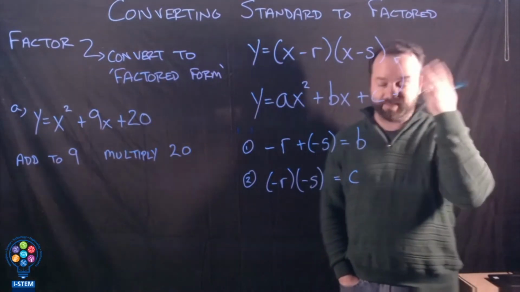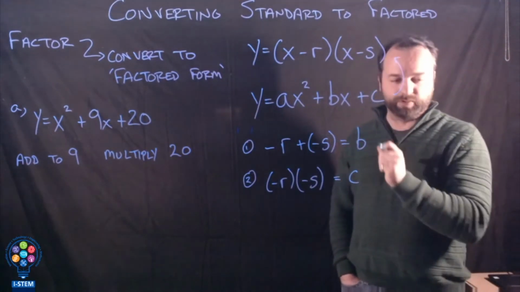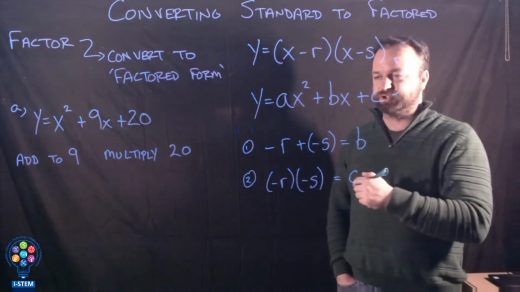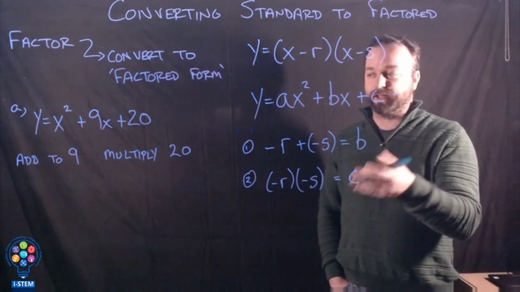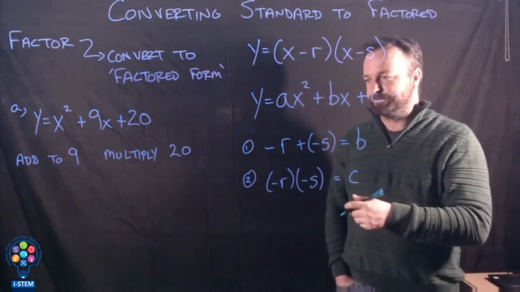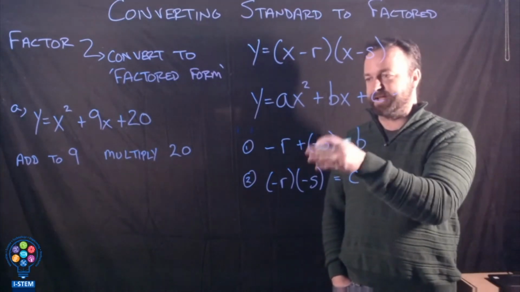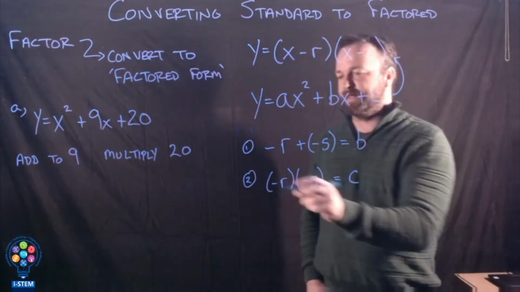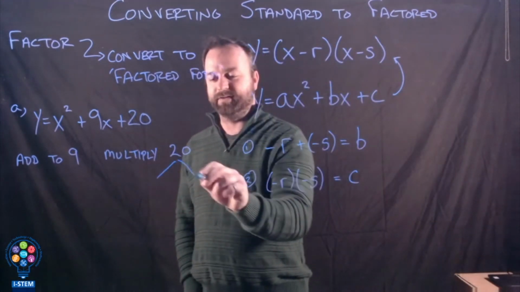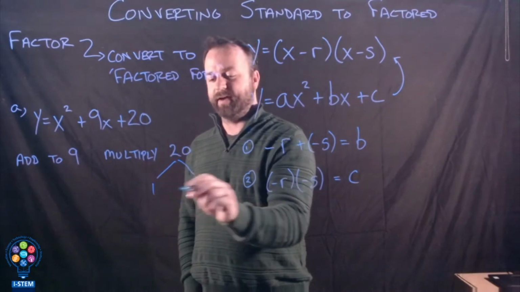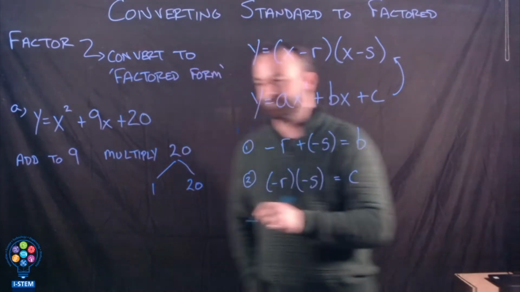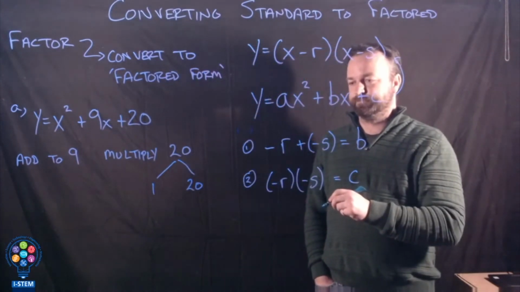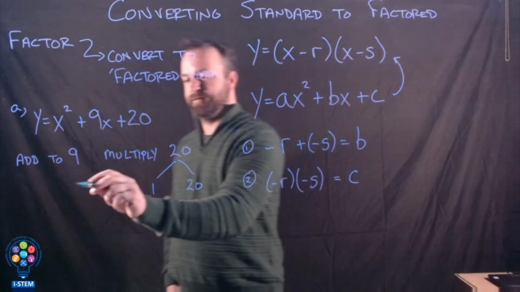Some of you might think you know those numbers already, and I just want you to hold on to that because I want to show you how you can do this if you're struggling with wondering what those numbers might be. So when I have questions like this, I approach it with the multiplication piece. So what are some numbers that I know multiply to 20? I know that I could do 1 times 20. And if I add those together, I get 21.